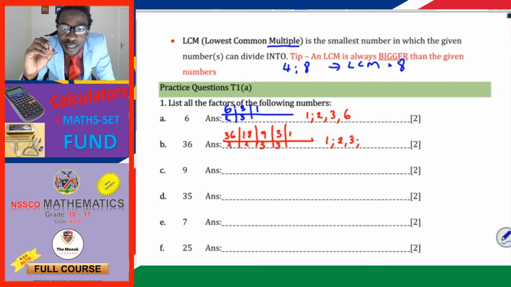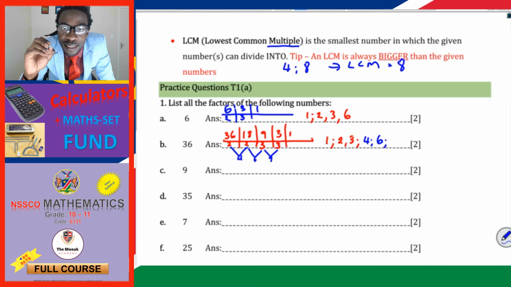And then we know if we multiply this and that, 2 times 2 we get a 4. So that will also be a factor. If we multiply this and that, we get 2 times 3, which is 6. That will also be a factor. If we multiply this and this, we get 9.